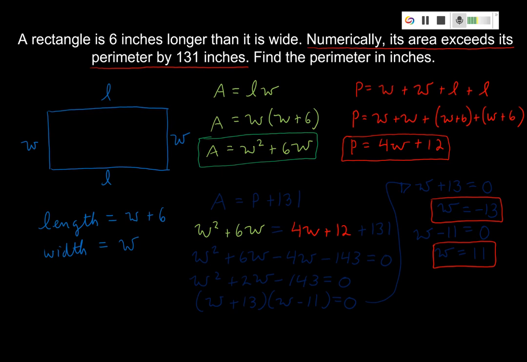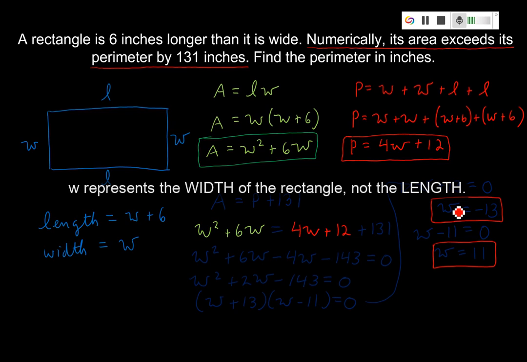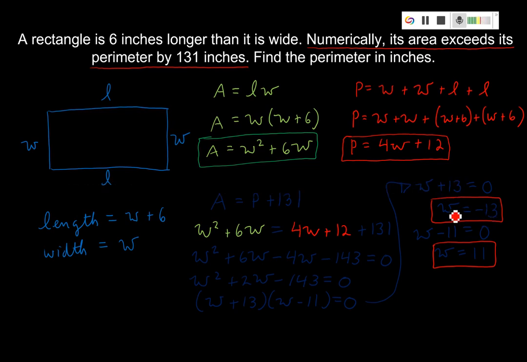Now, in the case of an applied problem like this, we have to use some common sense. We know that w represents the width of the rectangle, and we know that a length cannot be negative. So here w is equal to negative 13, but that's not an acceptable answer. It's not possible, right? A length can't be a negative number. So then we know the only acceptable answer is that the width of this rectangle must be 11 inches.